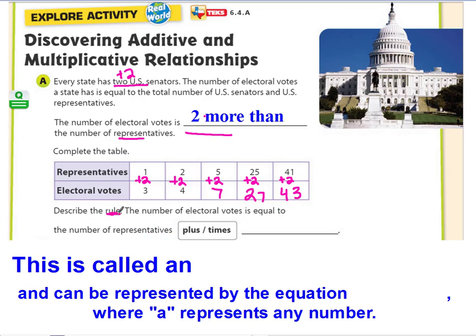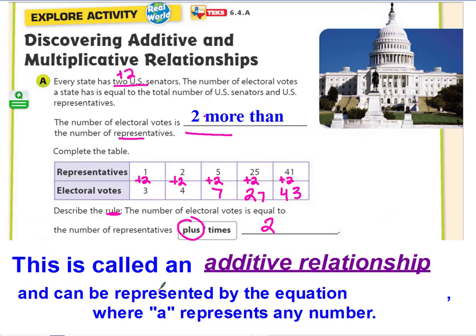So we can now determine the rule. So we said that the 2 more was plus, and if you go back, it's 2 there, so it is plus 2. So this is an example of an additive relationship. Additive. Why? Because we are adding in our rule to help us find what we're looking for.